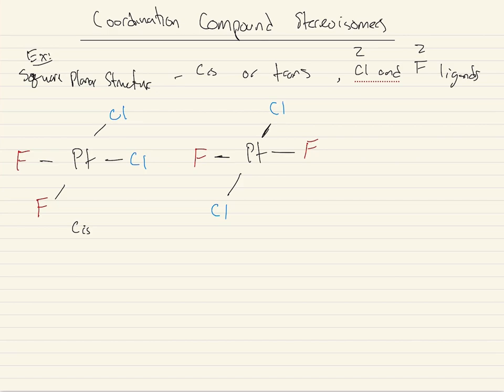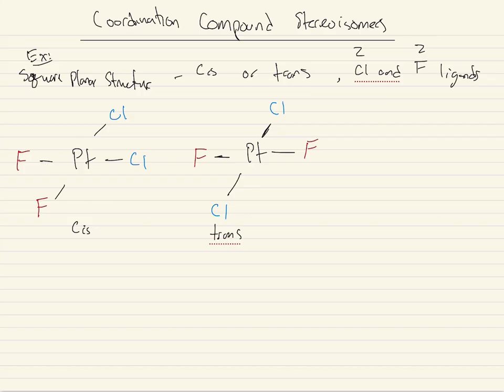The connectivity for both of these molecules is the same, right? This platinum is still coordinated to 2 chlorines in both of these, and 2 fluorines in both of these. But the 3D spatial arrangement is very different from each other, right? Like you can see just by looking that these are not the same shape in 3-dimensional space, right? Chlorine and fluorine atoms take up different spots in 3-dimensional space. So this would be trans.